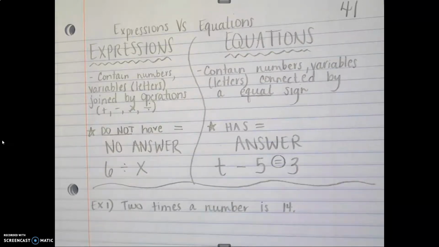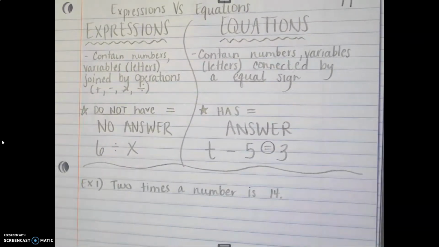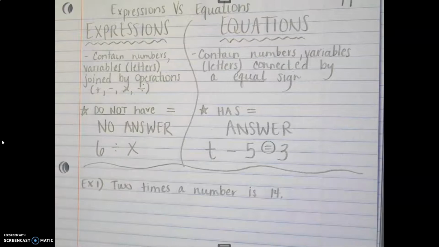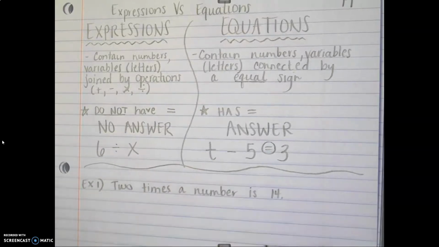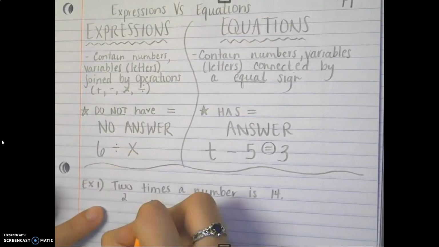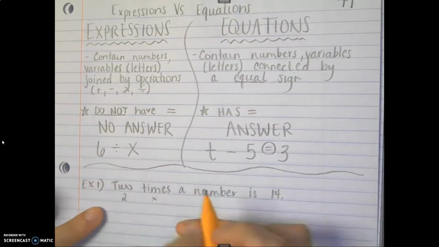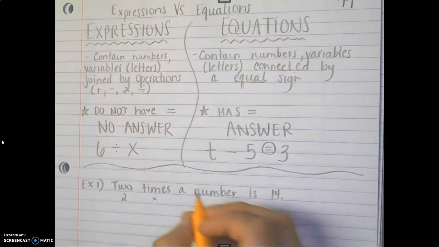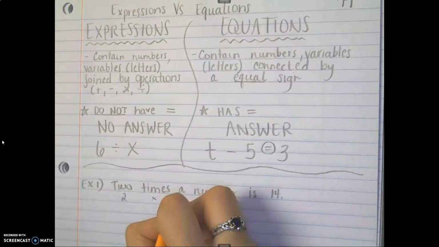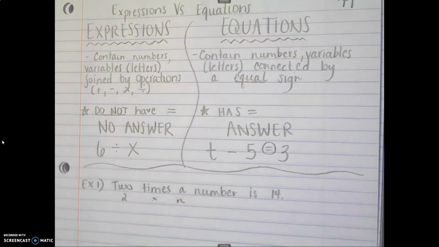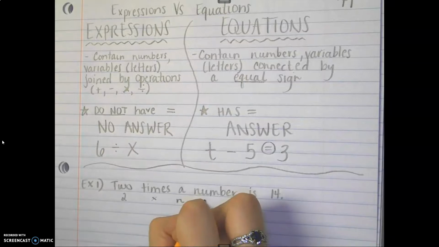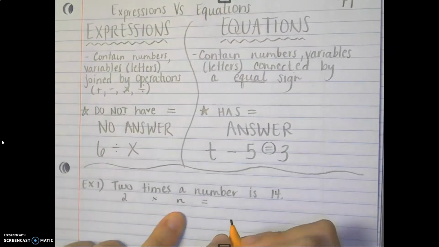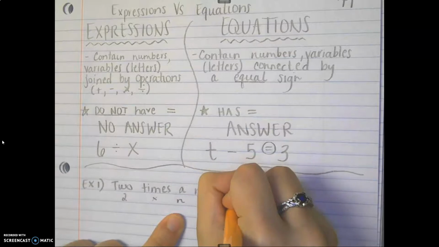I'm going to start breaking it up, and I'm going to write it as a math sentence. So 2 times a number. Since we don't know what number exactly they're talking about, we can use a variable. So I can use n for number. And 2 times the number is 14. So they tell us that 2 times a number is going to be 14.